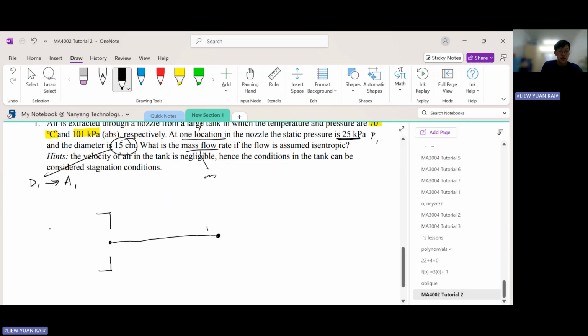And then the conditions that they provide for us: this is point zero, which indicates the local isentropic stagnation condition. So T naught is equal to 343 Kelvin. P naught is equal to 101 kPa. And then here P1 is said to be 25 kPa.